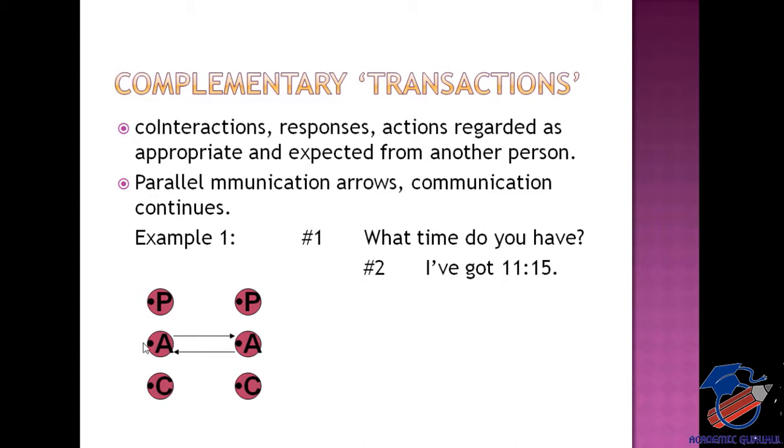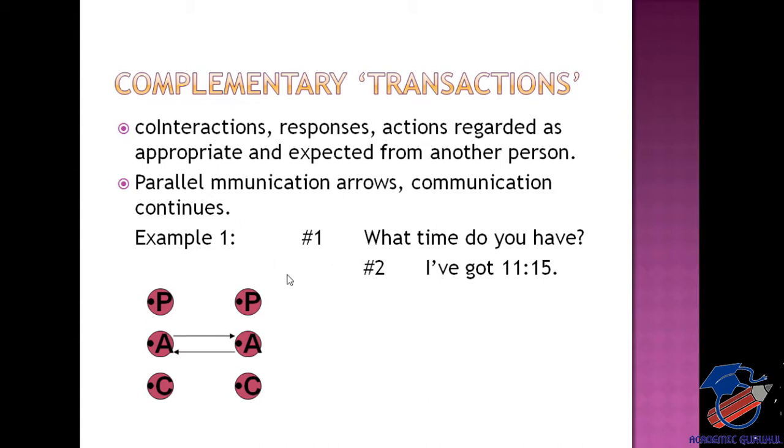Same thing is happening. Adult ही जवाब दे रहा है. So these are complementary transactions. These are when two people's ego states are sympathetic or complementary to each other. What you say, the response you expect to receive, and the response actually received are aligned. Parallel communication arrows are there.